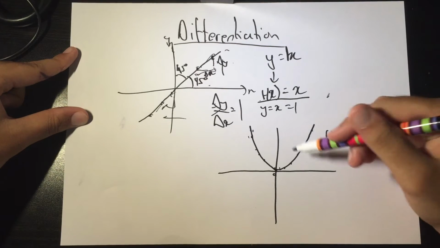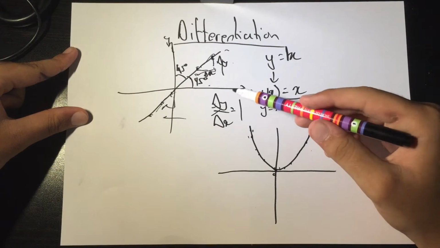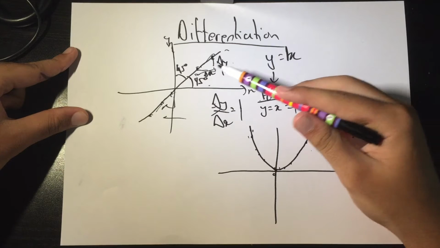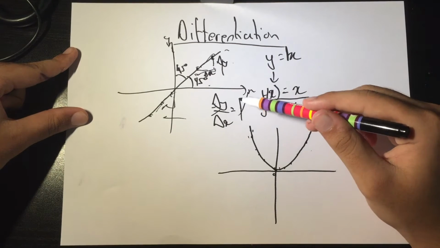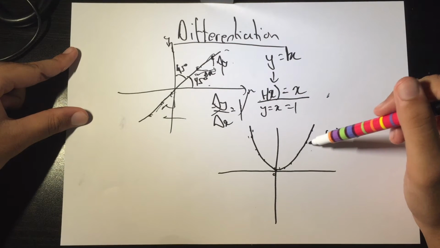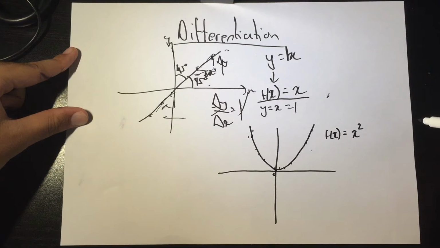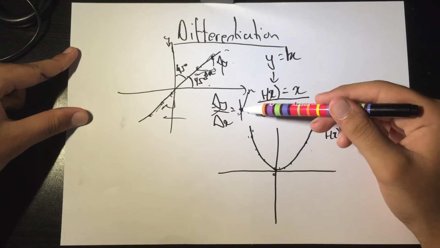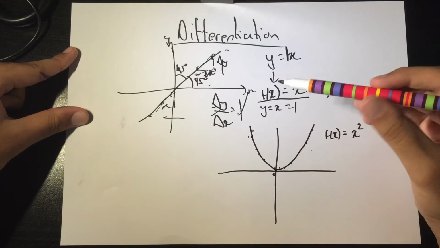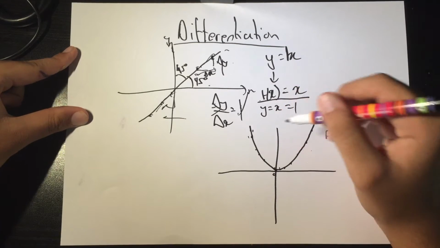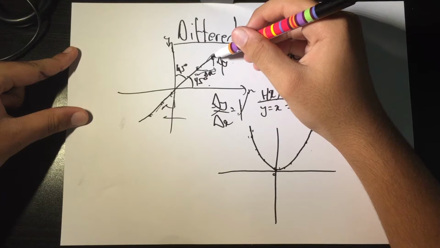So the derivative of this curve, which we've calculated here as 1, is not going to be a constant 1 over here. It's actually going to be a variable. It's not going to be a constant because the derivative keeps changing. So how do we find a derivative here?